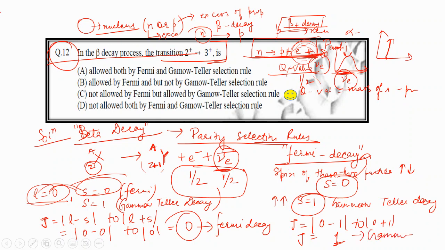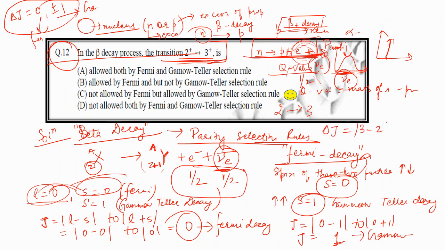So delta J has two values, 0 and plus minus 1. Okay, one is coming from Fermi, the other one is from Gamow-Teller. If you see from this equation, it is going from 2 to 3, right? So delta J will be 3 minus 2, which is equal to 1, and there is no change in parity.